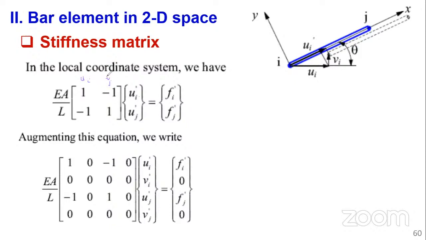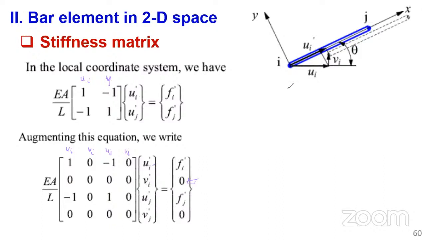But now, because of the orientation of our member, we have the vertical V component. That's the one we are introducing. So we are augmenting, expanding it: UI, VI, UJ, VJ.